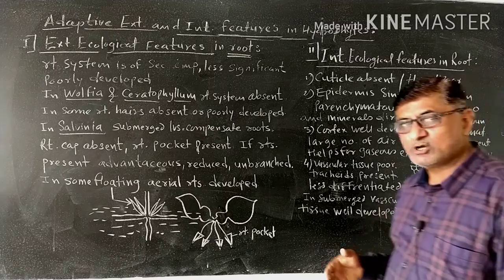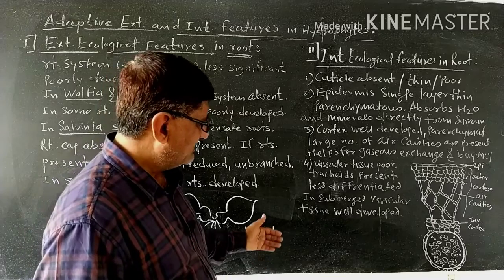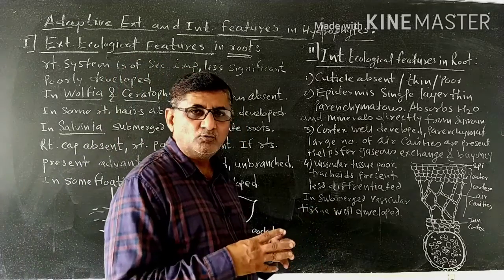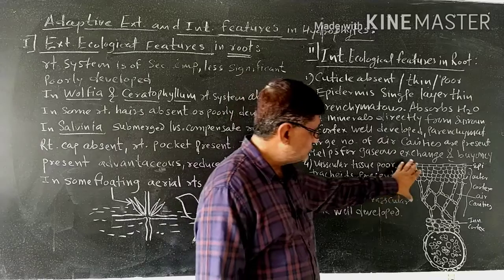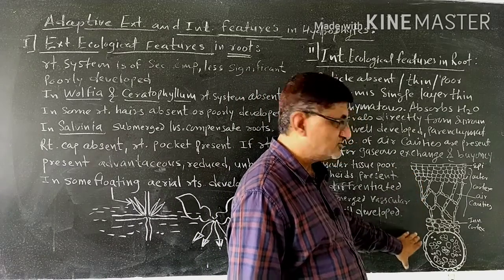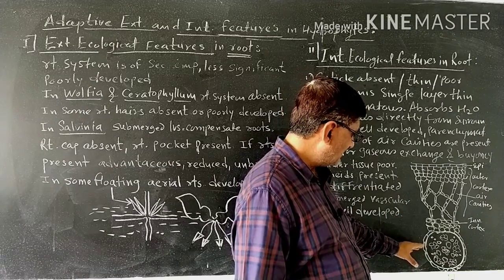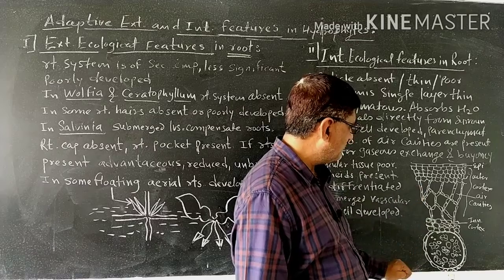But in some submerged kinds of hydrophytes, the vascular tissue is seen well developed. Now you can see one representative figure of the transverse section of the root of a hydrophyte. This is a root of Eichhornia, a free floating kind of hydrophyte.